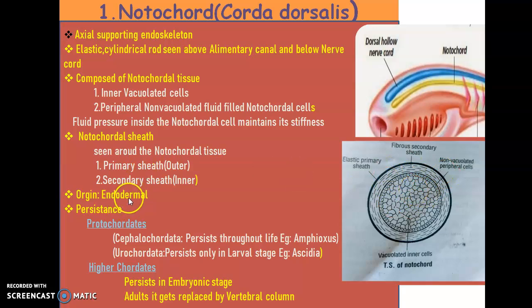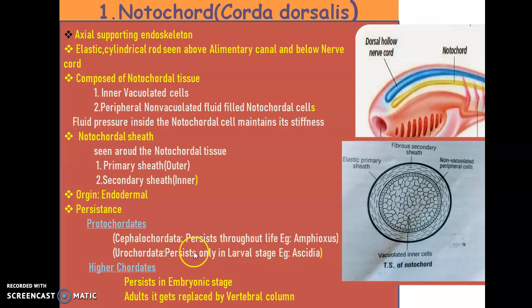And from which layer is it formed? It is truly endodermal in origin. Then persistence. How do they persist in the body? In the case of protochordates, that is cephalochordates as well as urochordates, protochordates are also called lower chordates, they persist differently. In the case of cephalochordates or amphioxus, this is found throughout their life. While in the case of ascidians or urochordates, this is generally found in the larval stage.